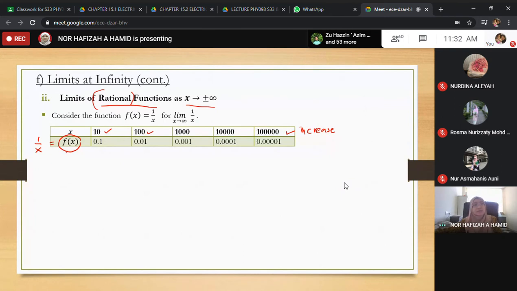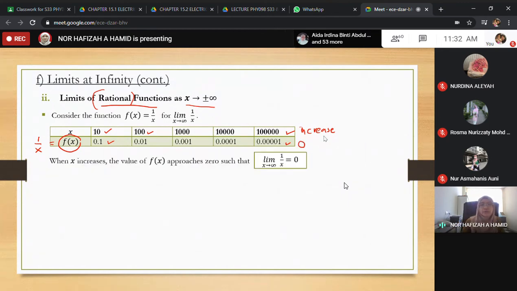The value of f(x) starts from 0.1 until 0.001. Okay, so the value for f(x) will approach 0. So we can conclude, as limit x approach to positive infinity, which means x will increase, x increases, so 1 over x will approach 0.